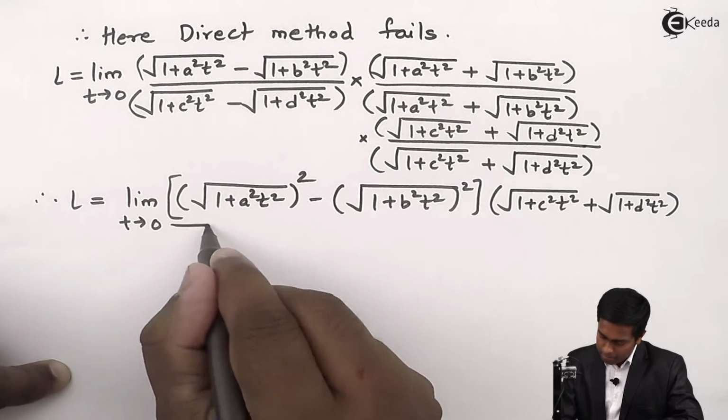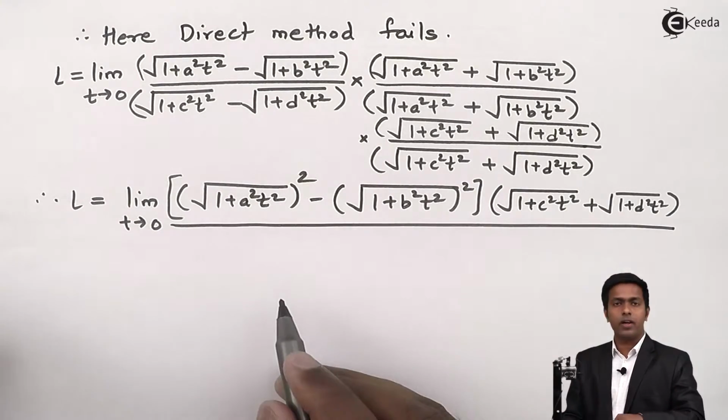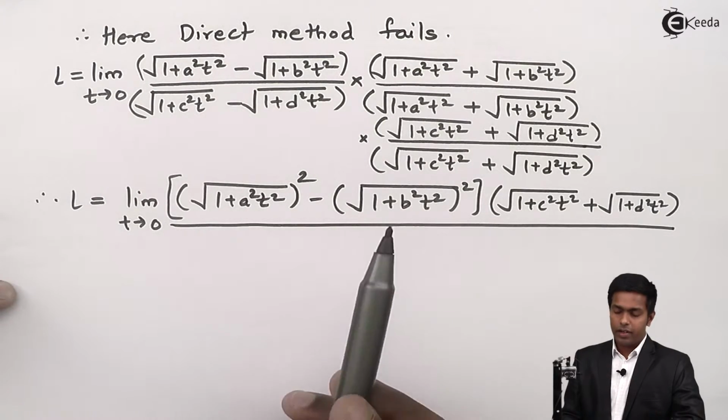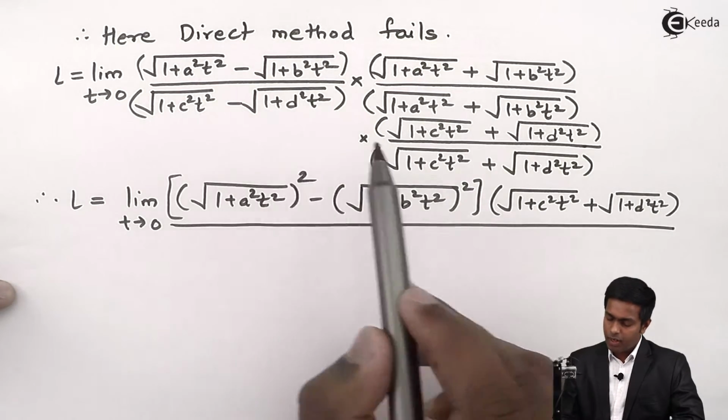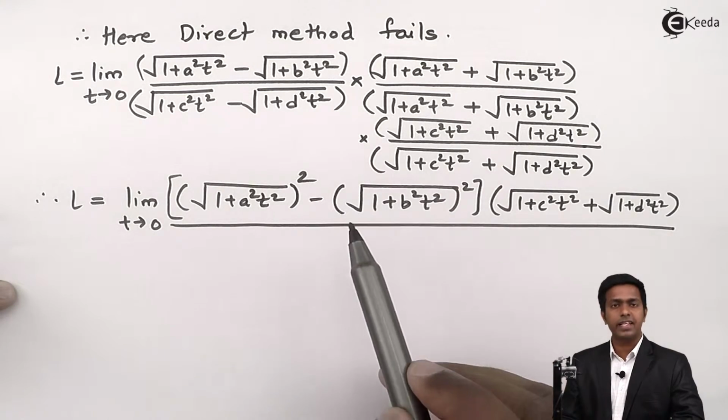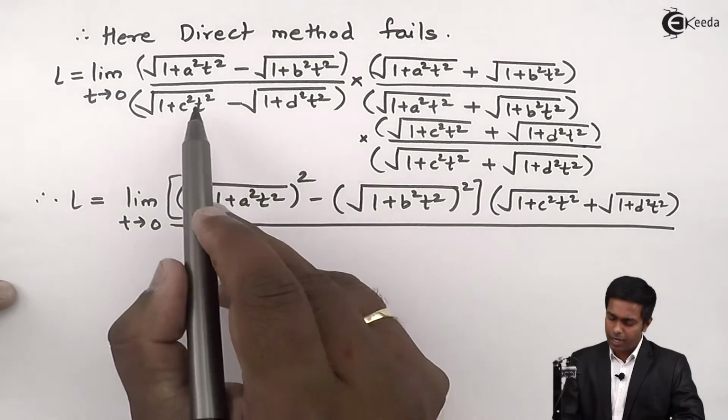Now in the denominator, if you'll observe, here also we have three terms. Out of that, if you observe the first term and the third term, here also we can apply the same formula, that is a square minus b square. So I'll apply it here.